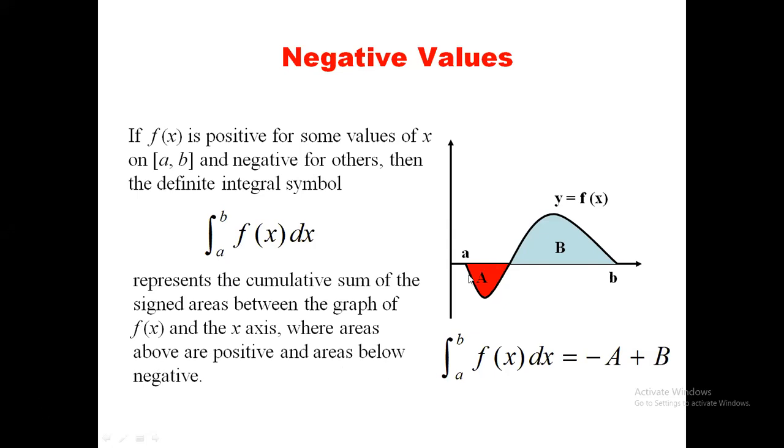Now, in the case of our example, this is our curve. We plotted it. These are the limits of integration. This is your lower limit. This is your upper limit. Now, what happens? The area bounded by your curve and the limits of integration is separated into two regions: one region below the x-axis and one region above the x-axis.